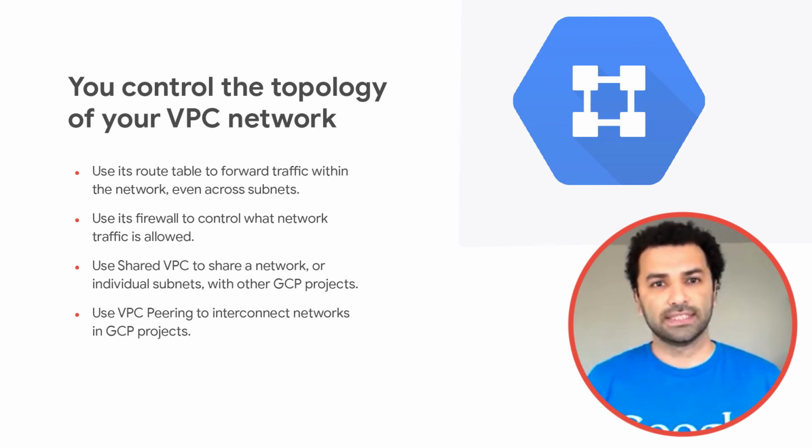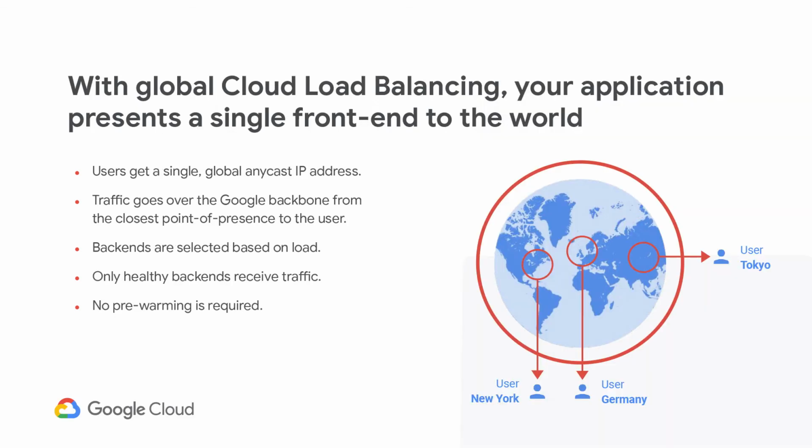And when it comes to your global presence, you might be interested in using the Google Cloud Global Load Balancer. In the example that you see in front of you, let's say I have a user coming from Germany, and I have servers located in Tokyo, in London, and in New York. It's probably faster to direct this user to the London server to give the least latency and the best performance.